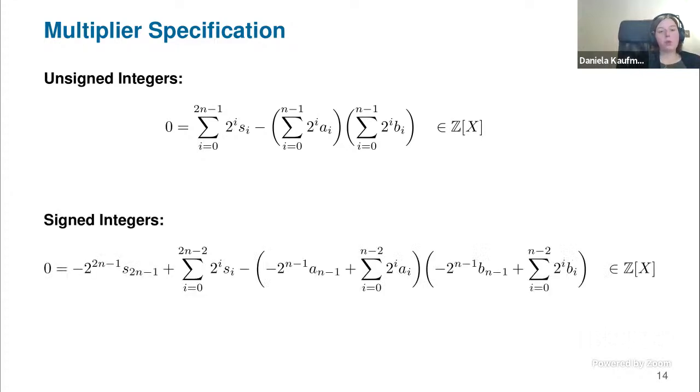If we want to model signed integers, then the specification is actually the same, but we need to take into account that the most significant bit represents the sign. That's why we have a negative weight here.